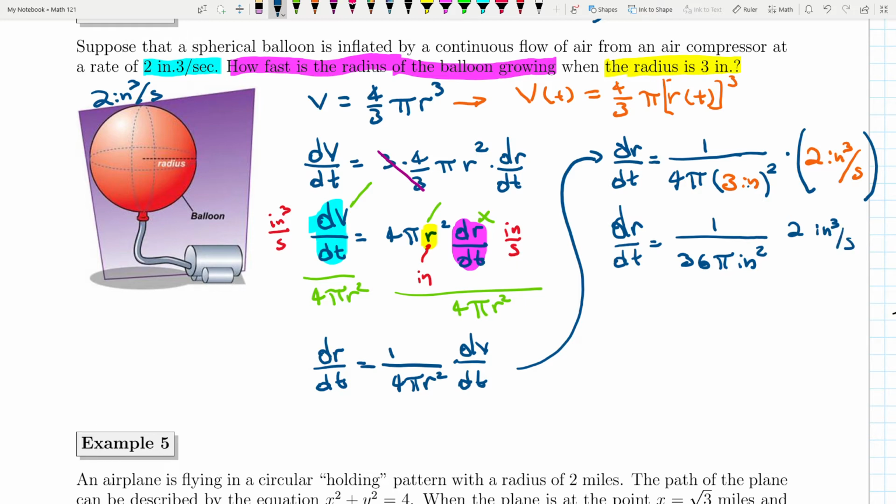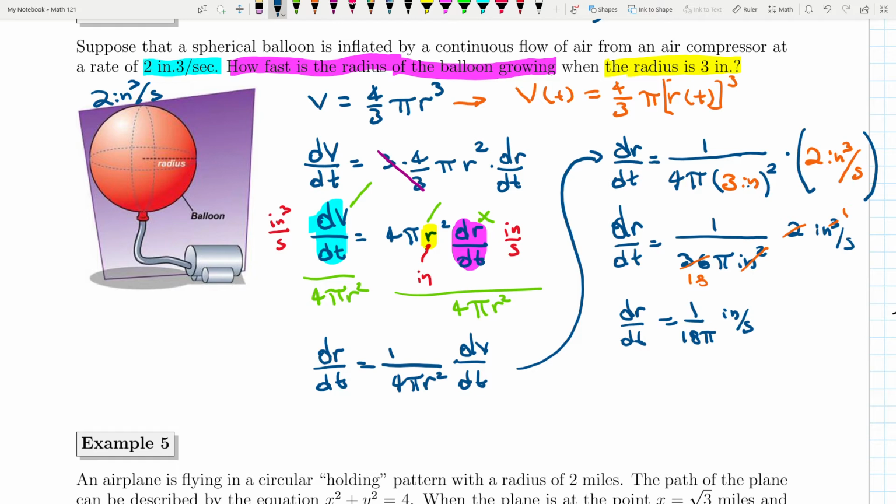Notice here 2 things will happen. Number 1, the 2 goes away, leaving us with an 18, and inches squared cancel with inches cubed to leave us simply inches to the first, which is just inches. That's dr/dt, 1 over 18 pi inches per second. The units check because inches are units of radius or length, just like inches cubed are units of volume.